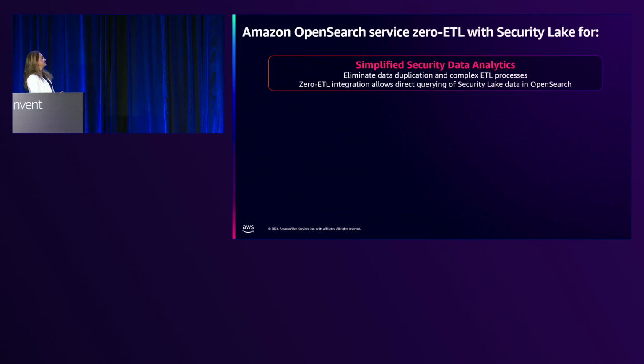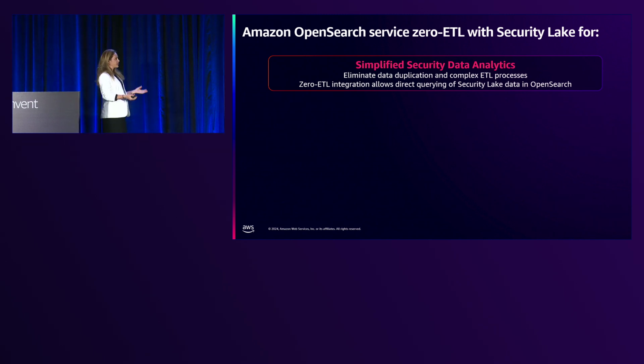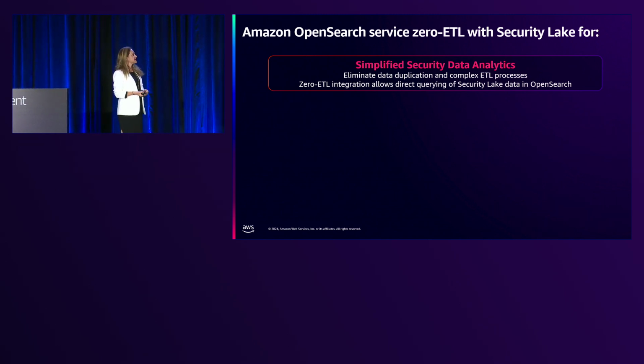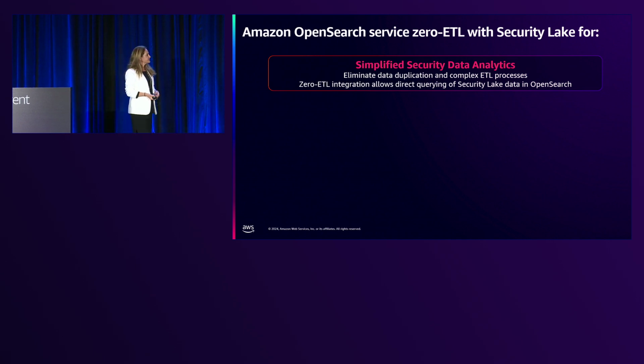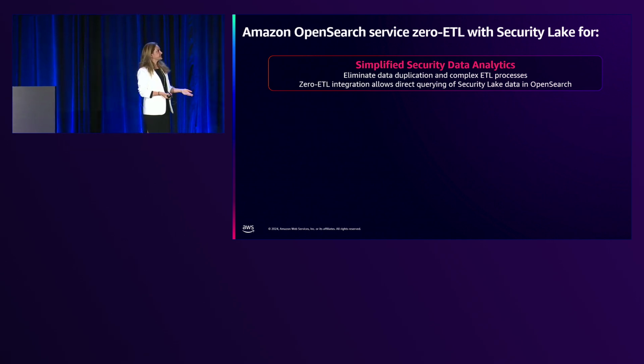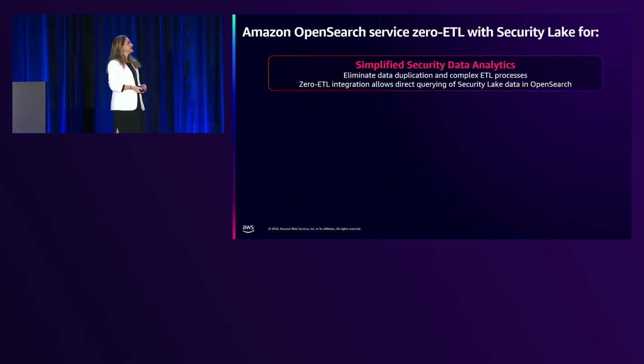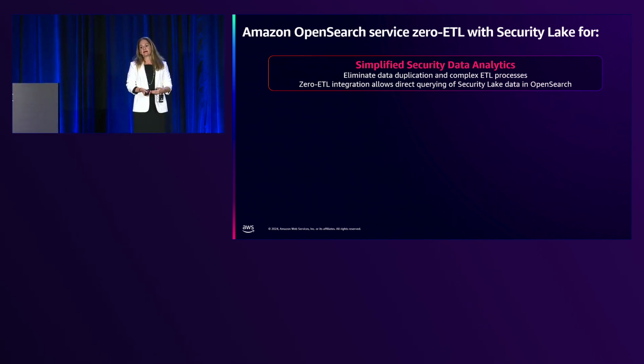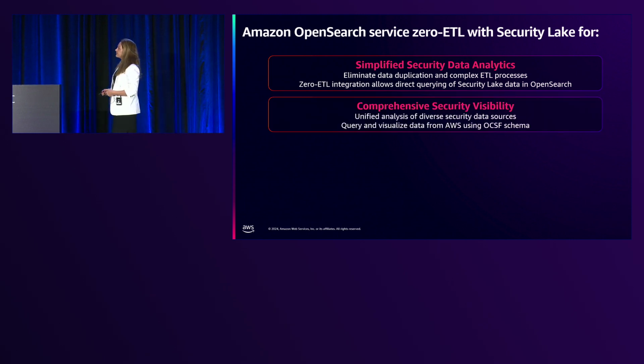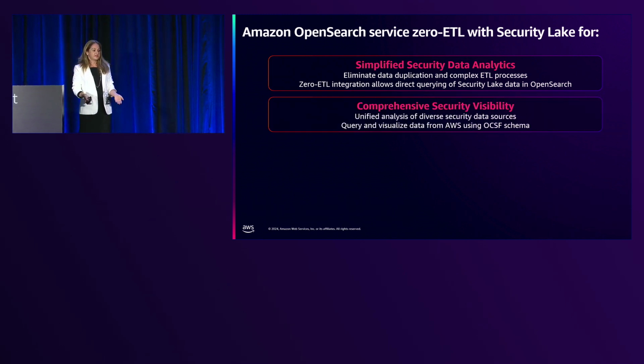Okay, so kind of wrapping up here, I just want to summarize what Ross presented and what we discussed earlier. With the zero ETL integration between Amazon OpenSearch Service and Security Lake, you can really simplify how you're doing security data analysis. And you can get comprehensive visibility.